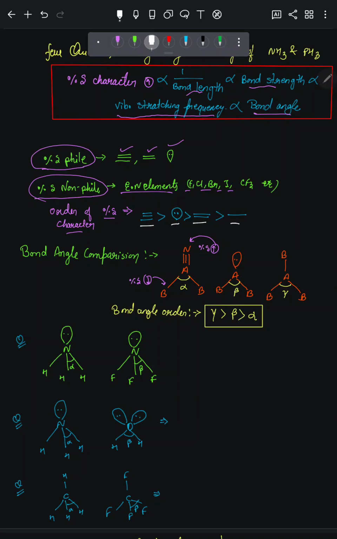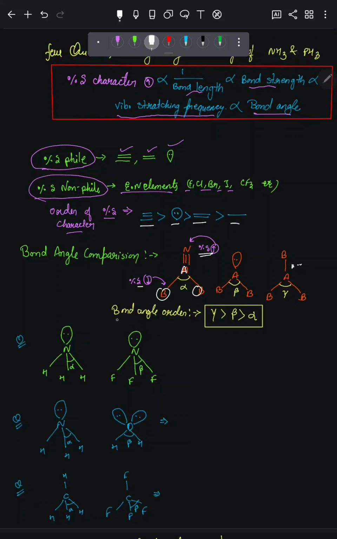So let's take an example of bond angle comparison. It can be any metal or anything, and a B is present, and the same from all this direction. If a triple bond is present with nitrogen, we know that the percent S character here will be more, and in these molecules the percent S character will reduce, and in the lone pair it is a little less, and here it is non-existent.